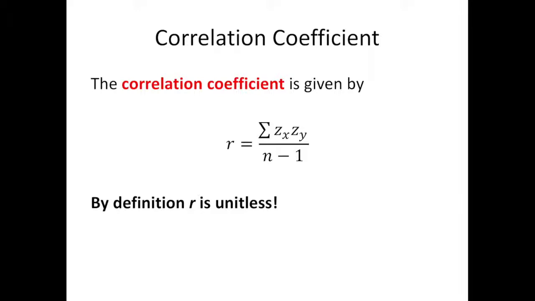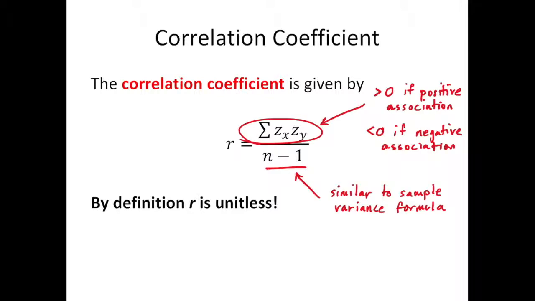So all of this is motivation for this definition here of the correlation coefficient, which we label as lowercase r. Note that it involves z sub x and z sub y, standardized coordinates that have no units, and then n, the sample size, which also has no units. So r is by definition unitless. Further note that in the numerator we have the product of the standardized coordinates.